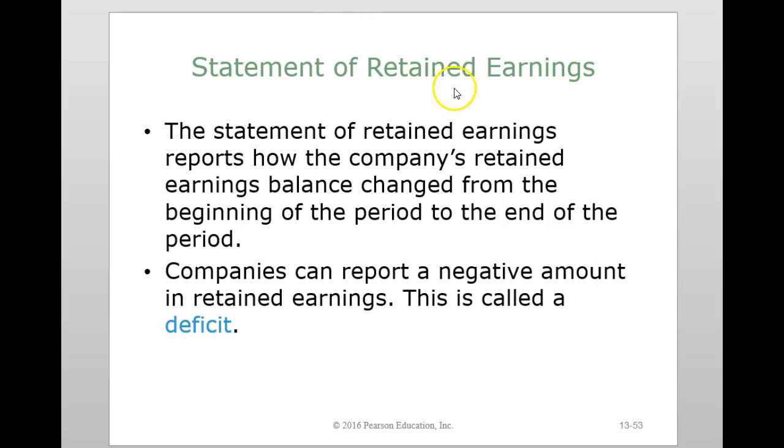And then this is going to talk about the retained earnings statement, and that shows how the retained earnings balance changes from the beginning of the period to the end of the period. And at times you can have a negative amount in the retained earnings.